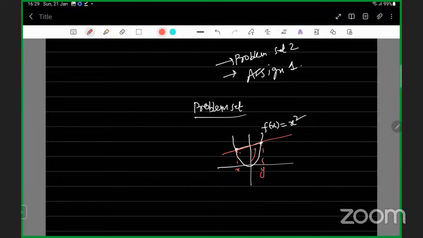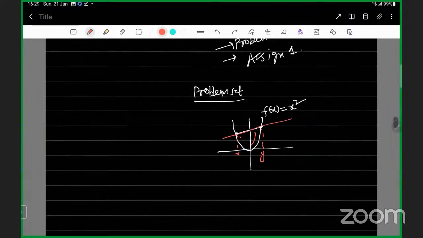Like the function value is this, right? This line value is always greater than or equal to the function value for any number between x and y, right?